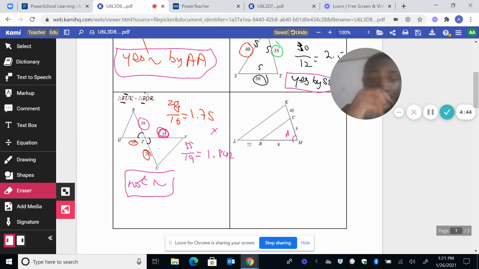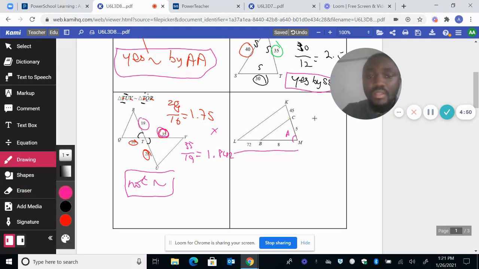So I'm going to use the whole of this side LM. LM is the sum of 72 and 8, so it's going to be 80. And then the small side of this triangle, BM, which is 8, and 80 divided by 8 is 10.